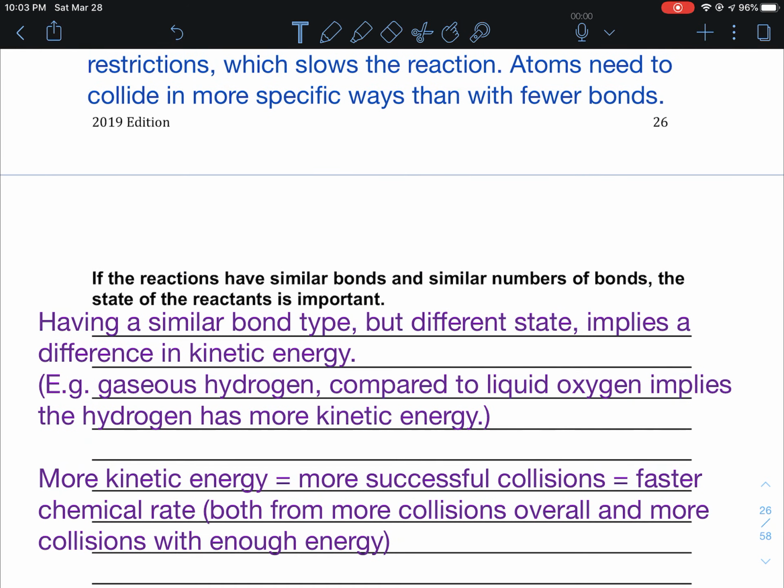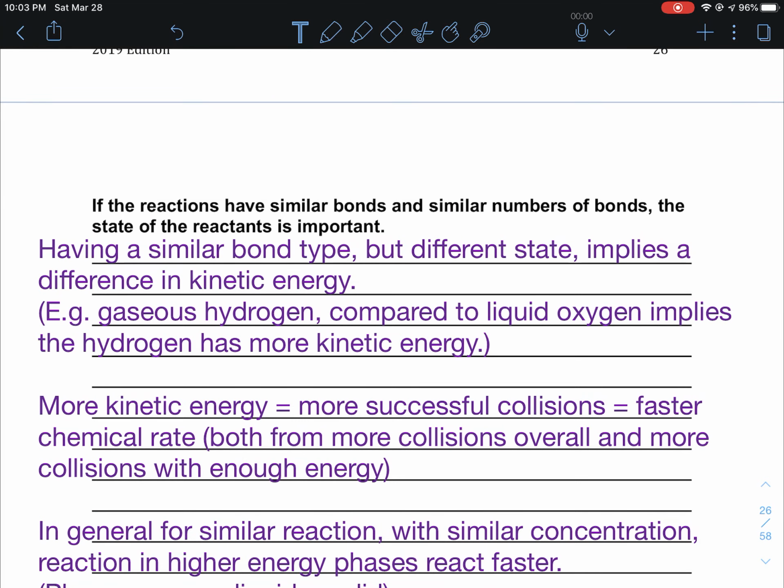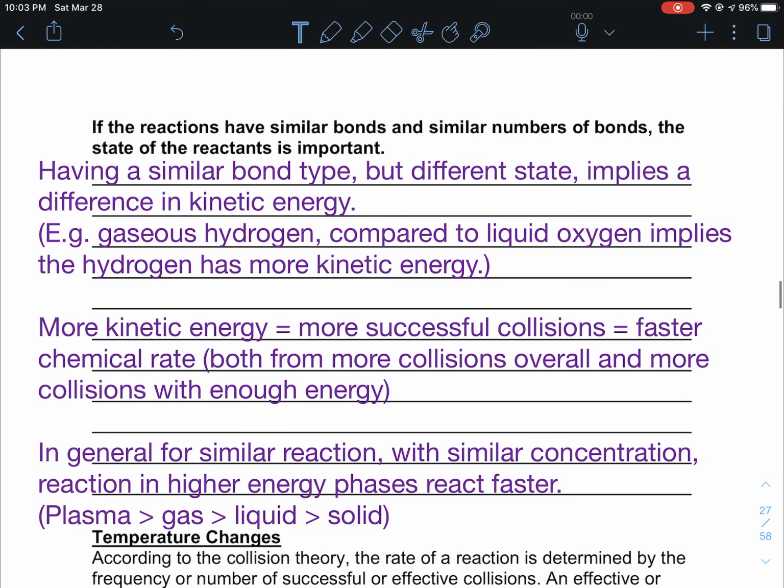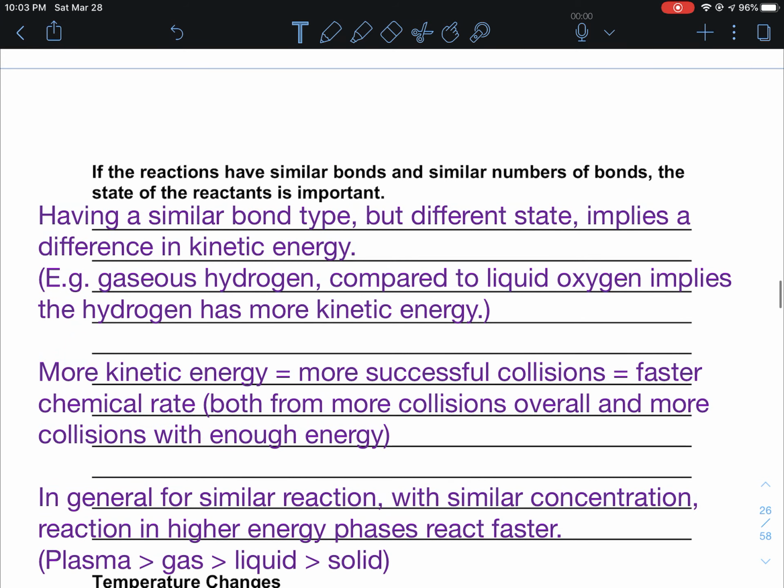Okay, so if the reactions have similar bonds and similar number of bonds, then the state of the reactions is important. And this is also going to play on some other factors.